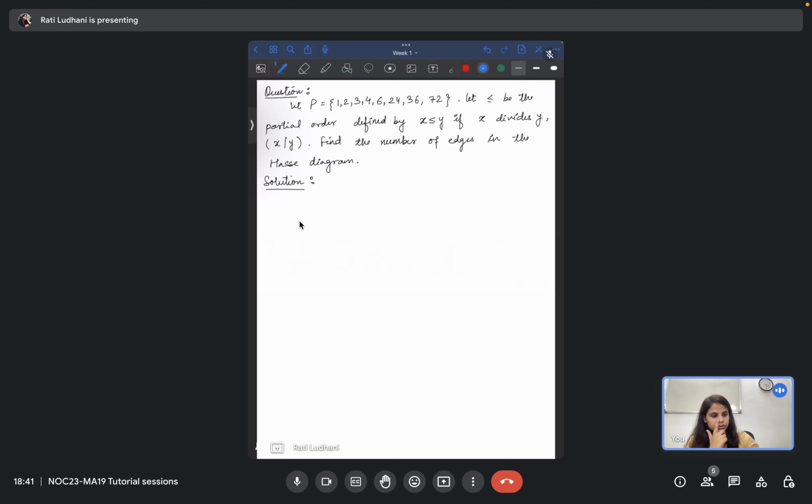Let P be the set 1, 2, 3, 4, 6, 24, 36, 72, and define the partial order such that x is less than or equal to y if x divides y.